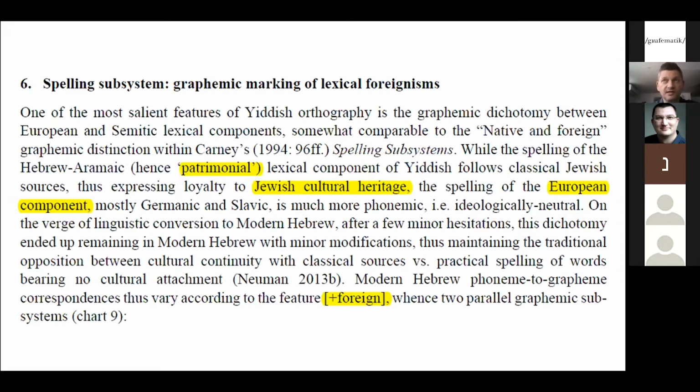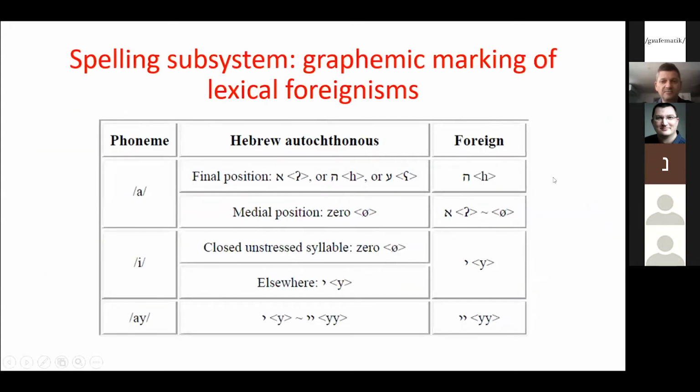It kept Hebrew as it was, and was just spelling phonemically the European stock of vocabulary, Germanic, Slavic, and so forth. So already in Yiddish, we can see a clear distinction within the spelling subsystems between what is respected as Hebrew, coming from the Jewish heritage, and colloquial Yiddish used in everyday life, which was just technically phonemic. Now, what modern Hebrew did with this is keep the distinction.